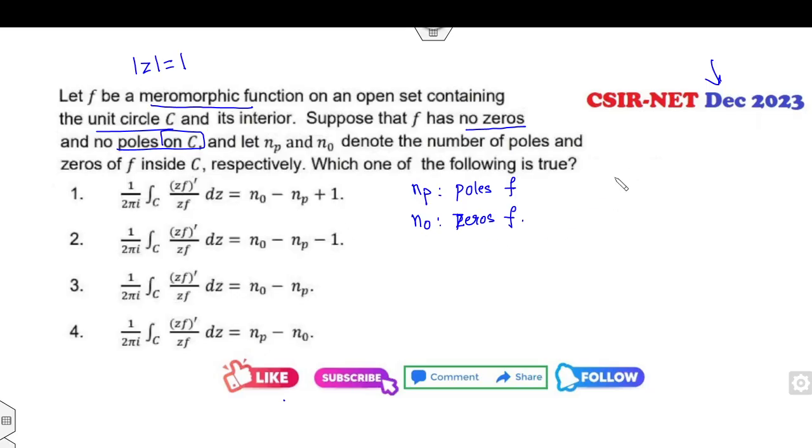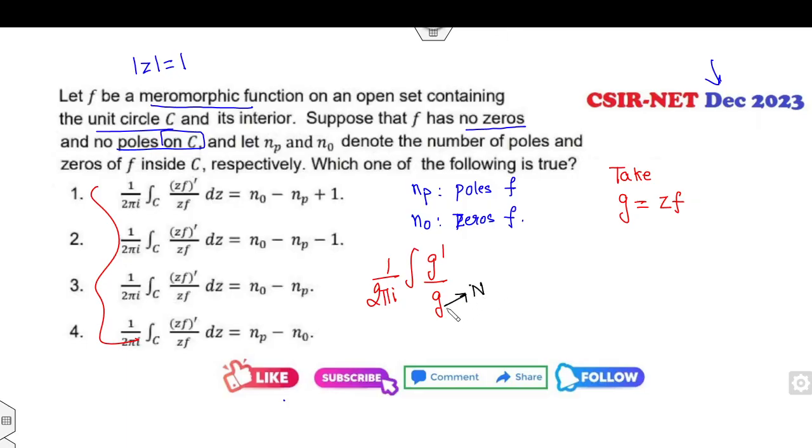Again, you can see if I simply take the function g as z into f, then all these options look like g dash over g. That means you can apply the argument principle. So your target is to find the number of zeros of g and the number of poles of g.